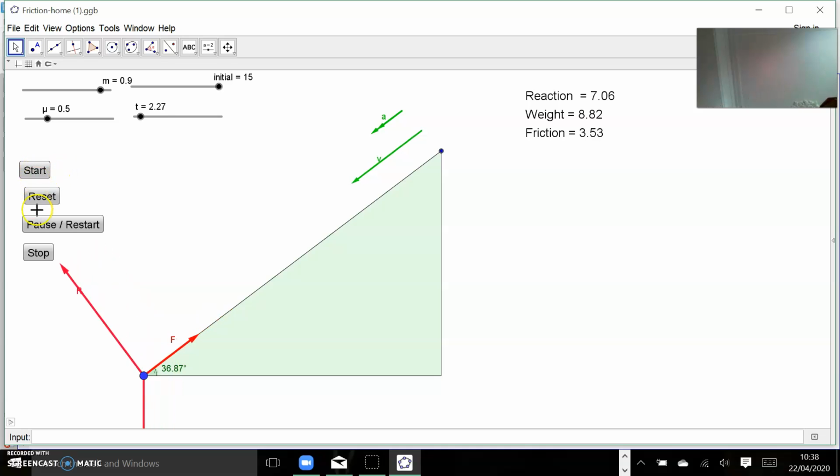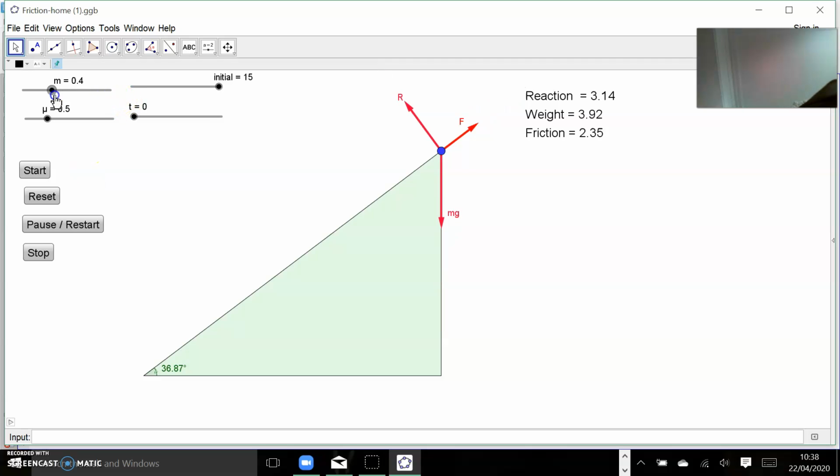I'll reset and make the mass very small. And you can see there when it sets up the acceleration here, it's got the same length, so it's got the same value, and it moves down with the same speed.